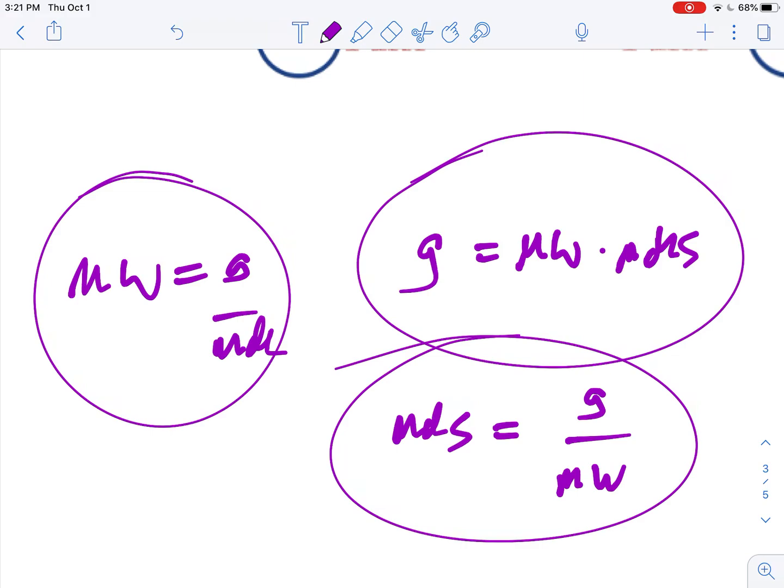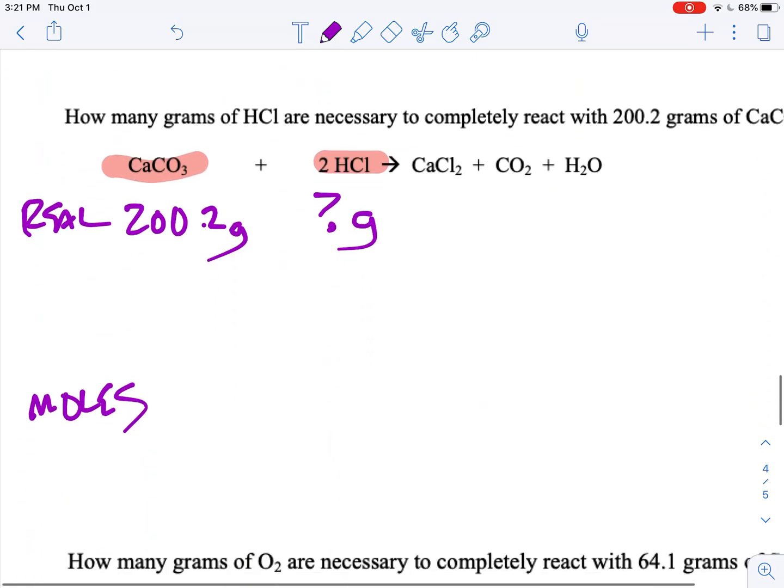You should be able to turn grams into moles or moles into grams very easily by using these equations. If you have the moles and you want the grams, you multiply by the molar weight off the periodic table. If you have the grams and you want the moles, you have to divide by the molar weight, right, like right here.